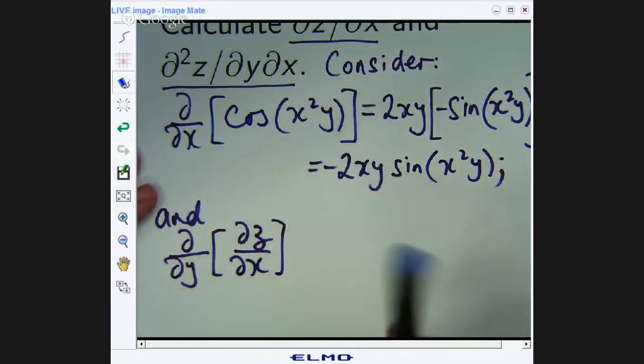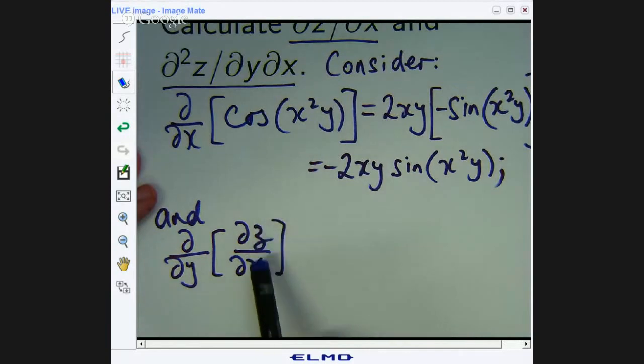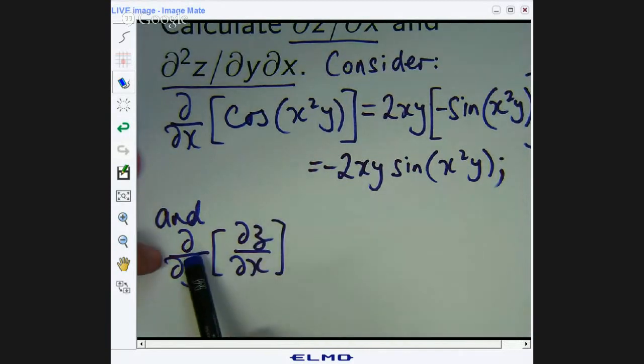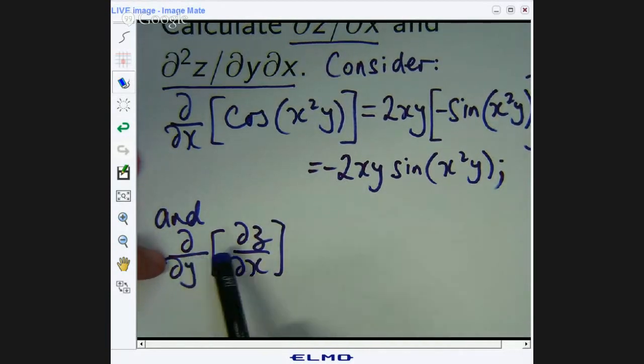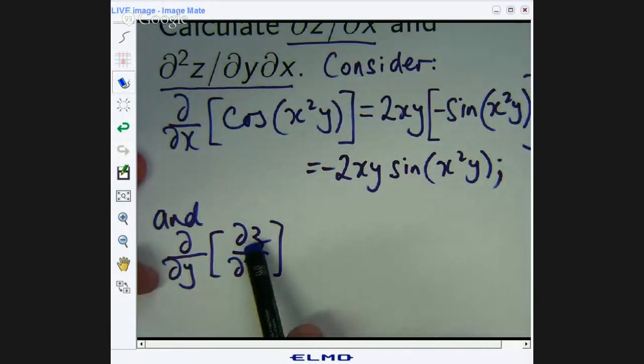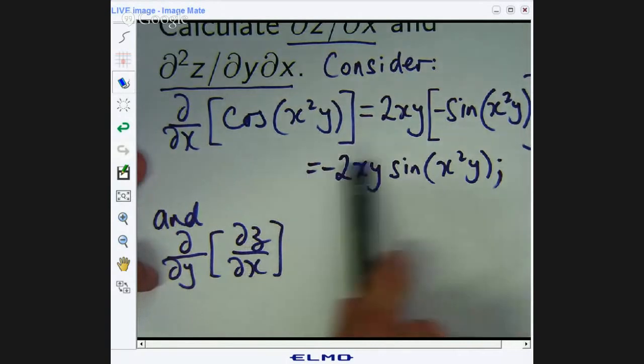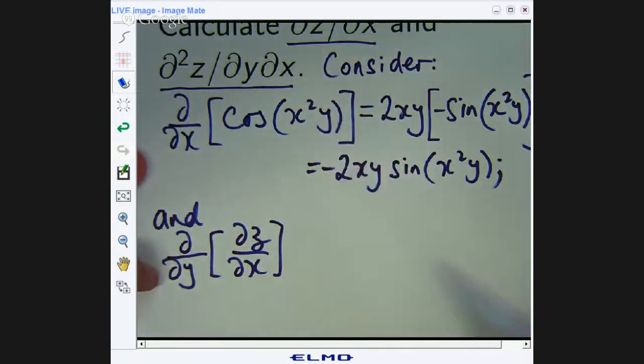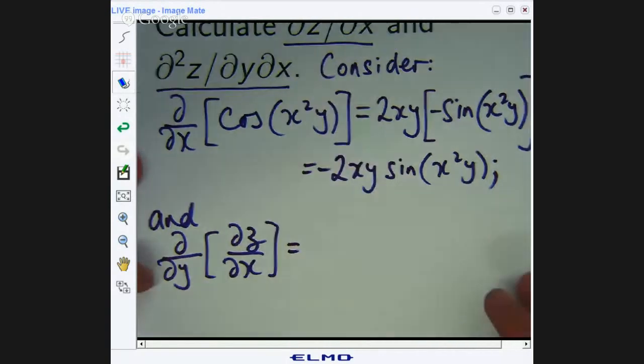That means we've taken the partial derivative of z with respect to x, and now we're about to do it with respect to y. Take the partial derivative of this with respect to y. Now I can get this from up here, of course. This is dz/dx.